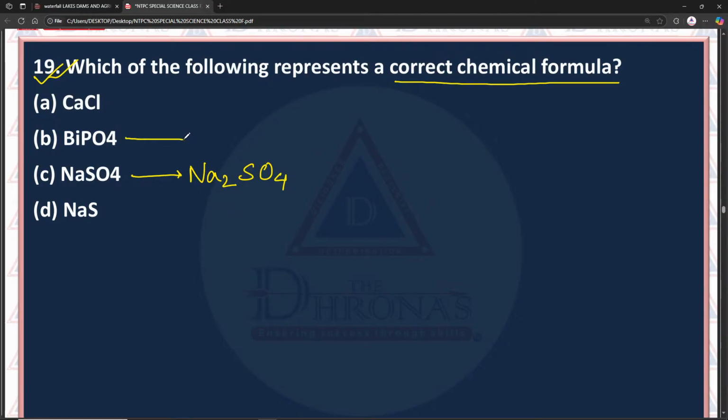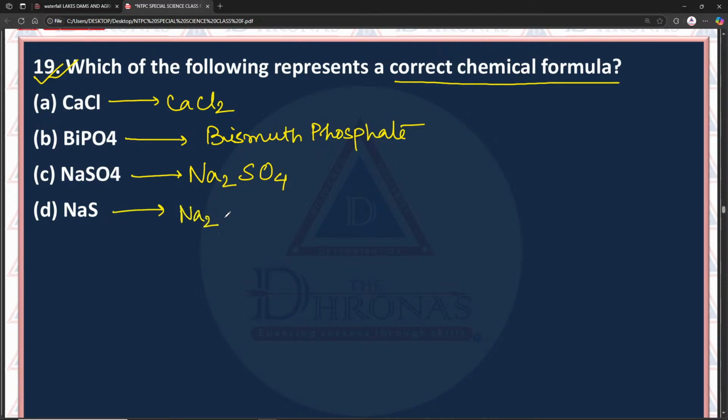This one is correct. This formula should be CaCl2. This should be Na2S. Only this one is the correct one.